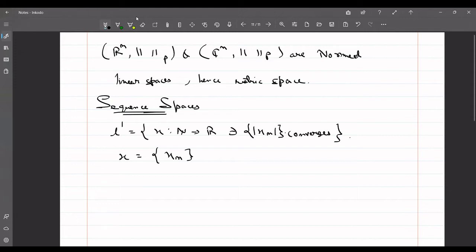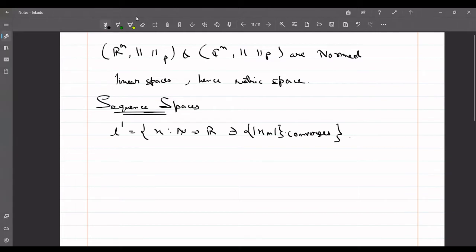So we take the p norm of elements taken from this set.